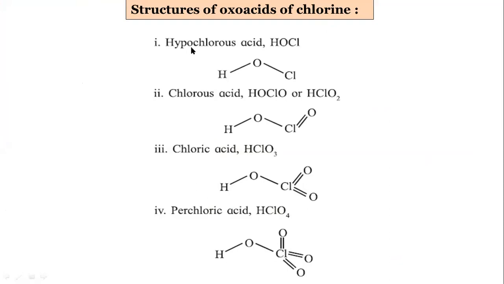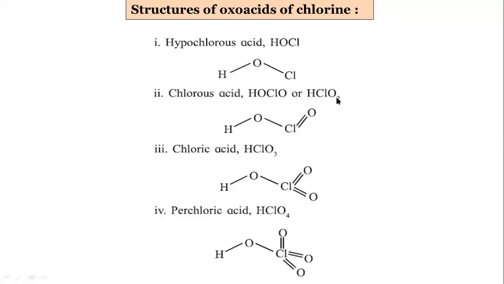See, hypochlorous has 1 oxygen, then chlorous 2 oxygens, then 3 oxygens and 4 oxygens. The names will also change: hypochlorous, then chlorous, chloric and perchloric. Only 1 oxygen we are going to increase each time.